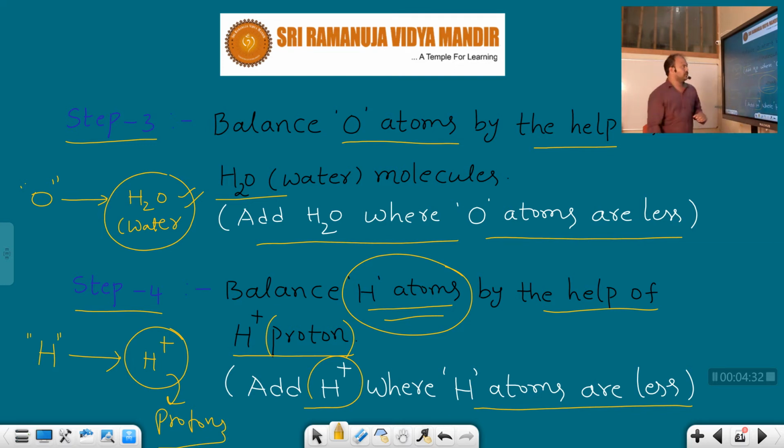Please remember this statement. Step 3: where the oxygen deficiency is, on that side we add water molecules. Where the hydrogen deficiency is, on that side we add H+ ions or protons. That is the statement of step 4.